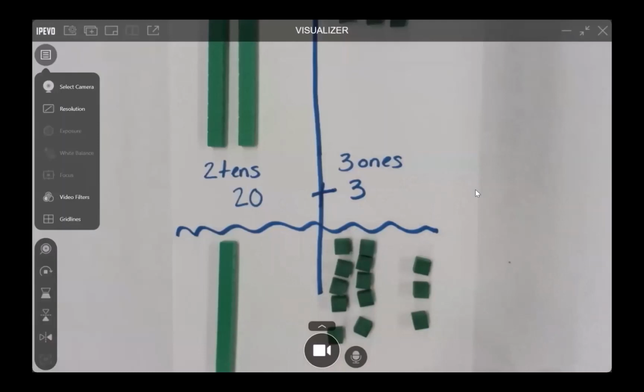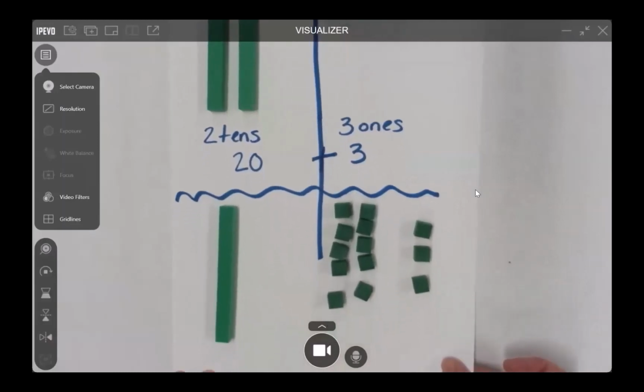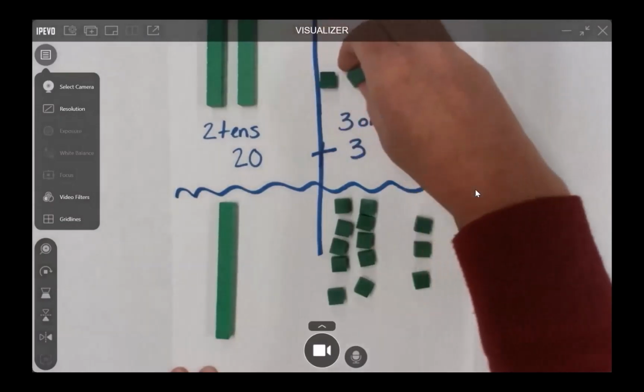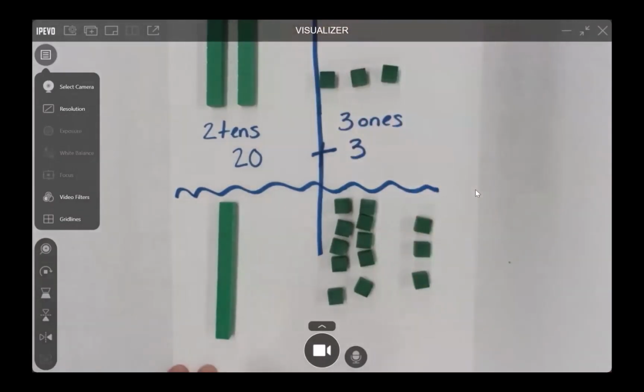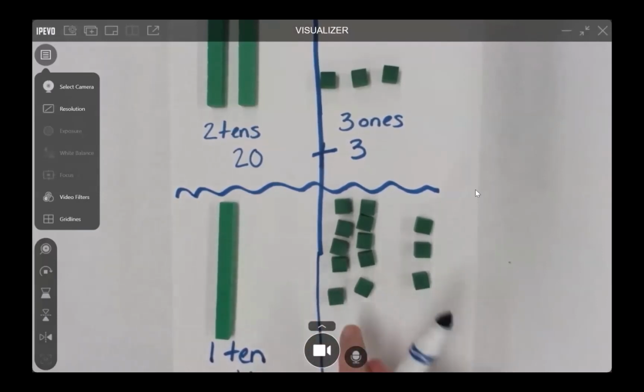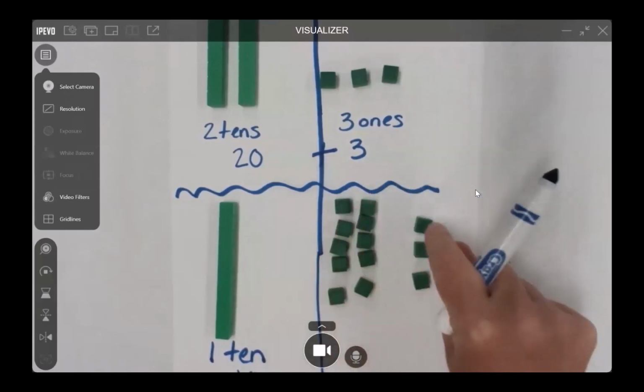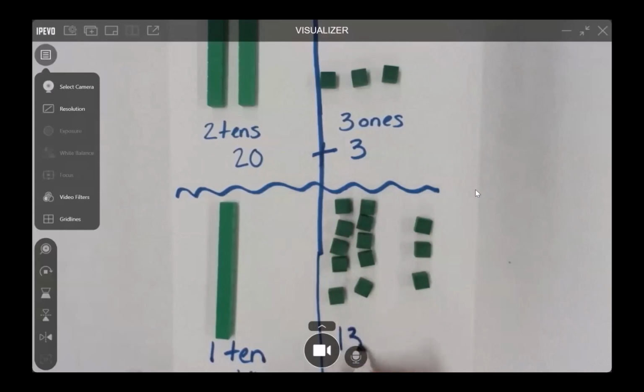So let's see, does that equal 23? Well, I can see that I have 1 10, which has a value of 10. And in the ones column, I have 1, 2, 3, 4, 5, 6, 7, 8, 9, 10, 11, 12, 13. 13 ones, which has a value of 13.